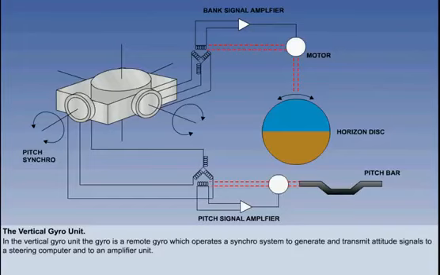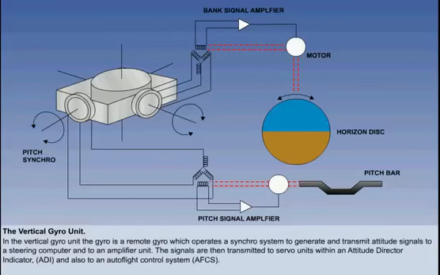In the vertical gyro unit, the gyro is a remote gyro, which operates a synchro system to generate and transmit attitude signals to a steering computer and to an amplifier unit. After processing and amplification, the signals are transmitted to servo units within an attitude director indicator, or ADI, and also to control channels in an auto-flight control system, or AFCS.